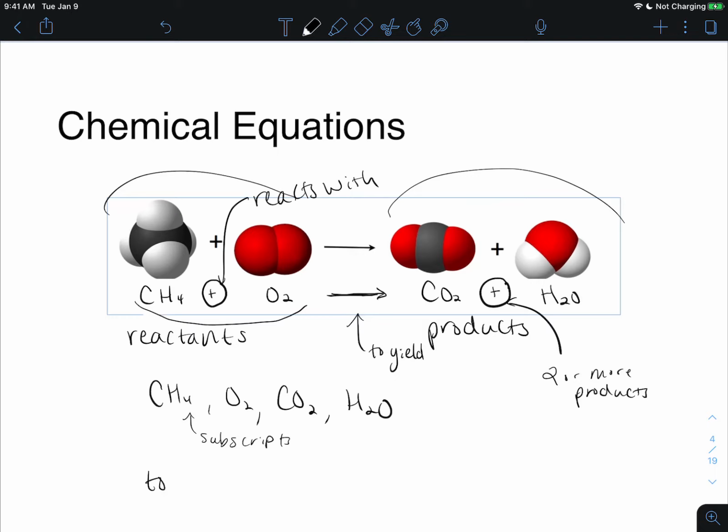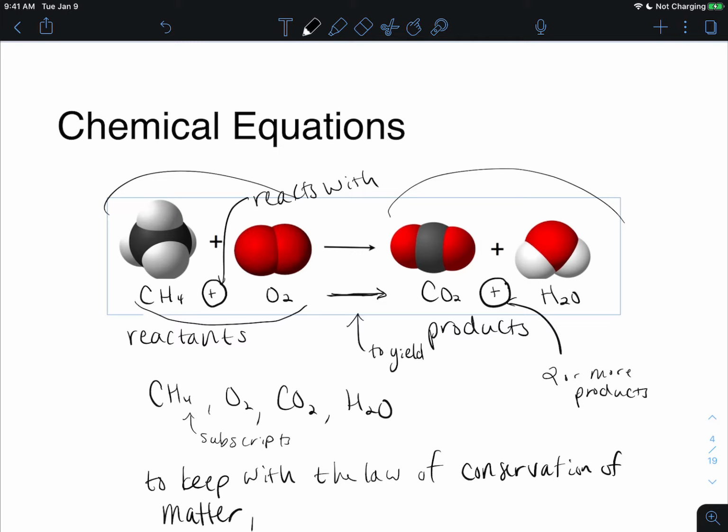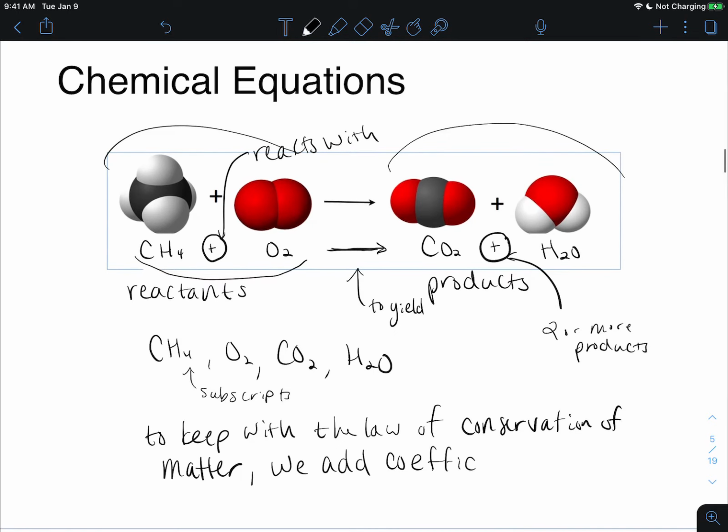So to keep with the law of conservation of matter, we add coefficients to balance each of the atoms.